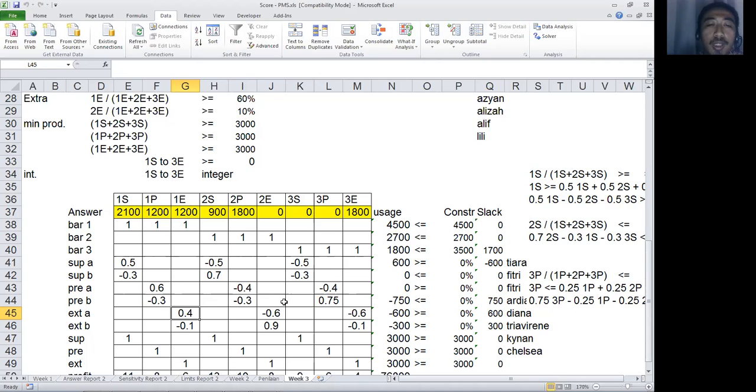Yeah, the final result should be based on this, if it is possible. But there is a condition that some of the constraints are not possible to achieve. Like in this case, we cannot fulfill this constraint.